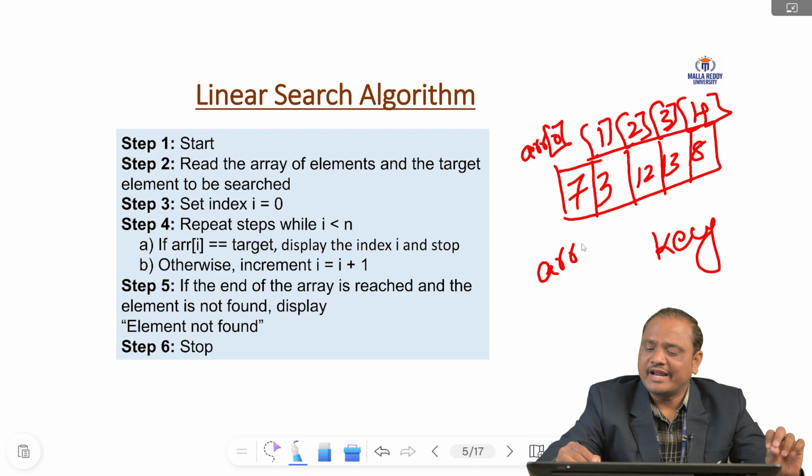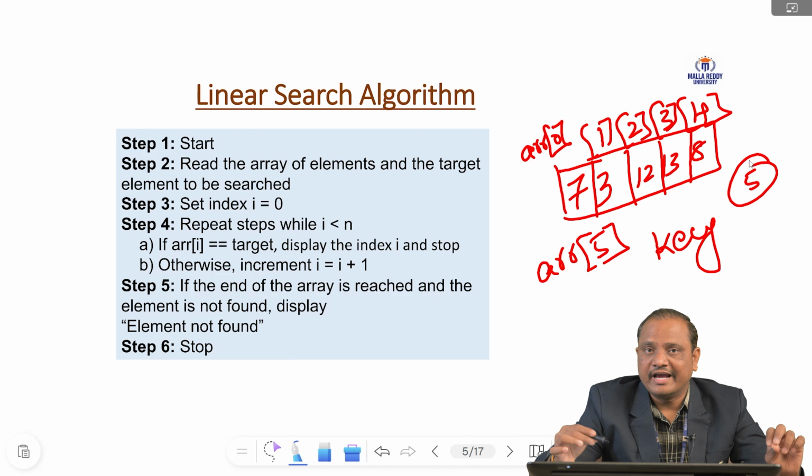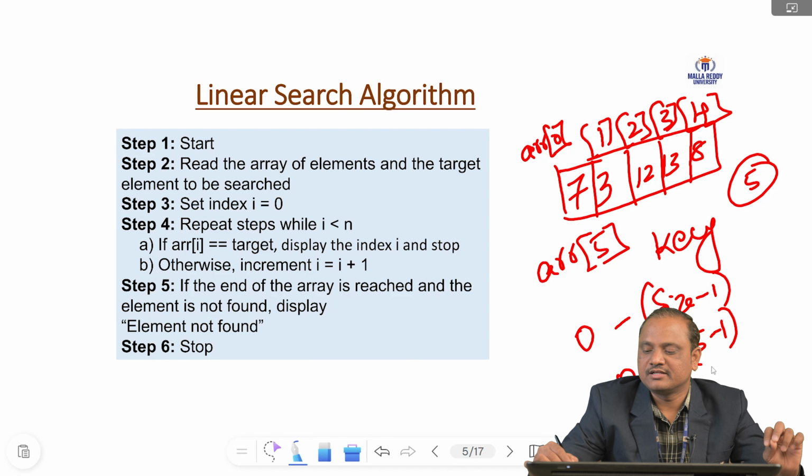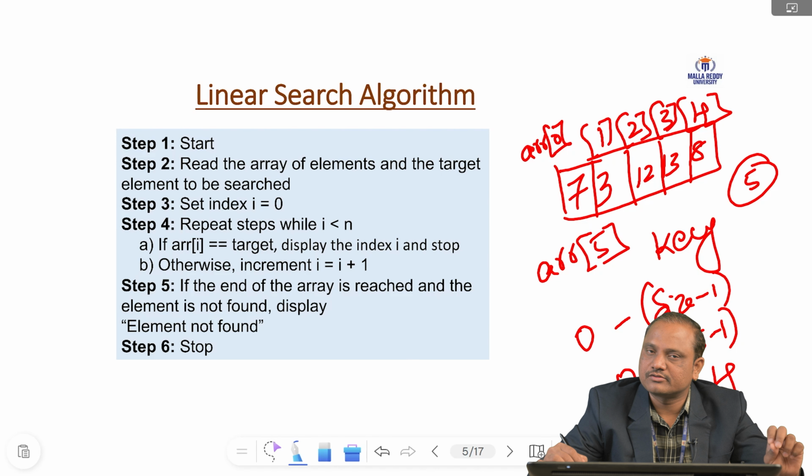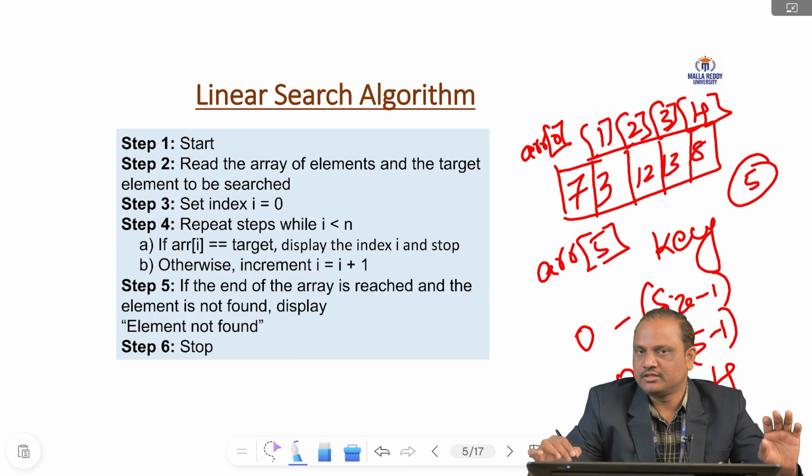Here our array size is 5 because the number of elements is 5. But our array index starts with 0 and ends with size minus 1, that is 5 minus 1, so 0 to 4.